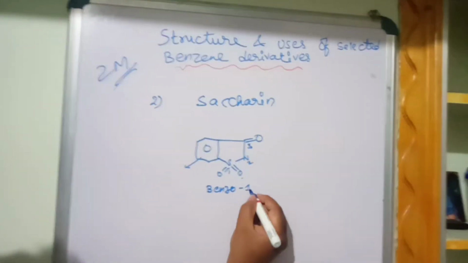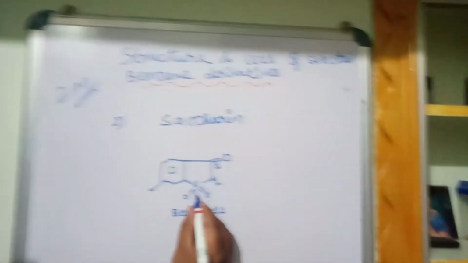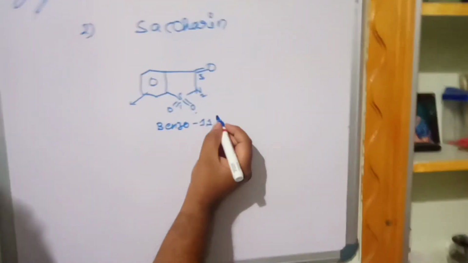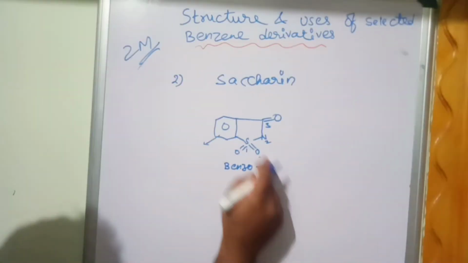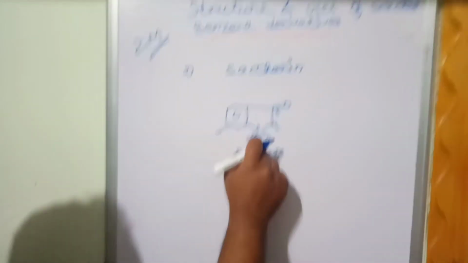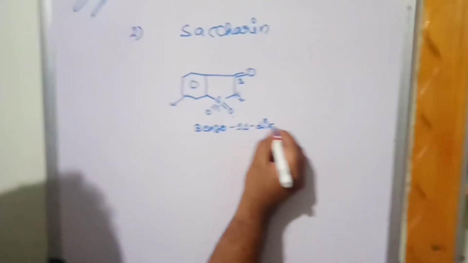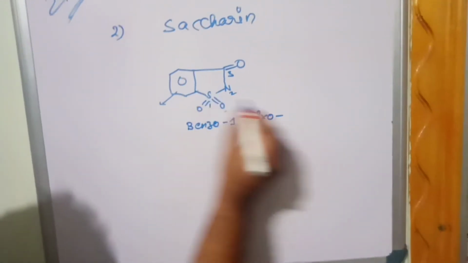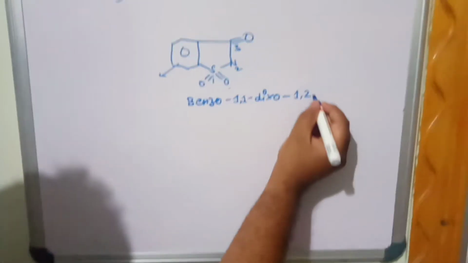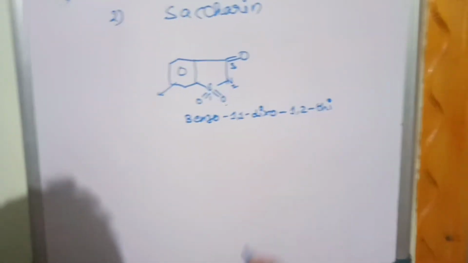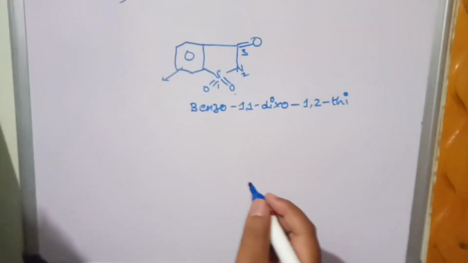For naming, the first, second, third positions are the heterocyclic atoms, and first we give priority to sulfur. At the first position is sulfur, with 1,1-dioxo, and thio means sulfur, thiazole.